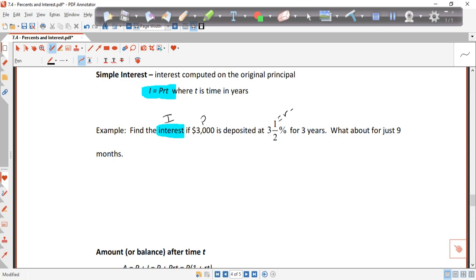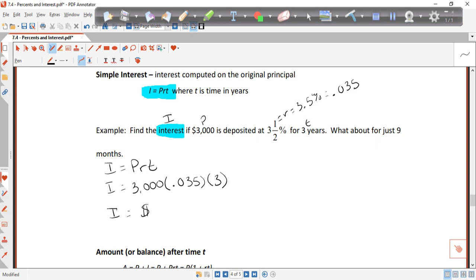This is R, which is 3.5%. And if we move the decimal place, 0.035. And then time in years. So I equals PRT. So I equals 3,000 times R, 0.035, times T, which is 3. Put all of that into your calculator, and you will find that the interest is $315.